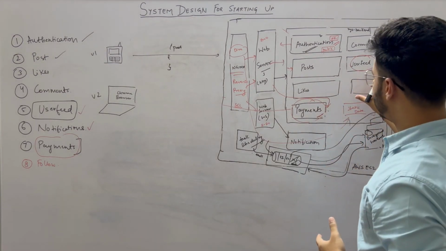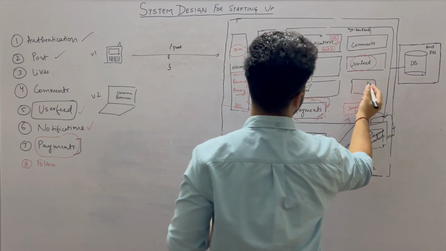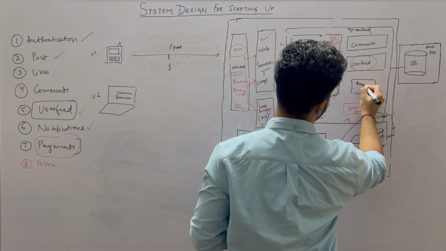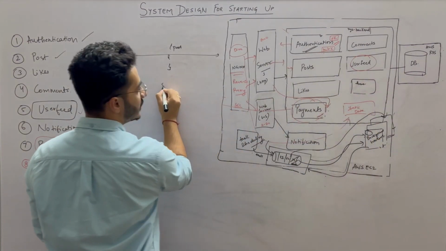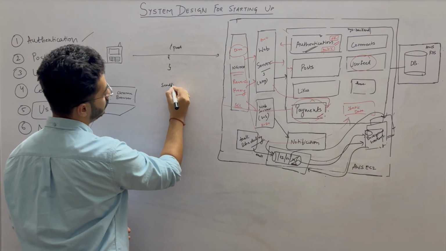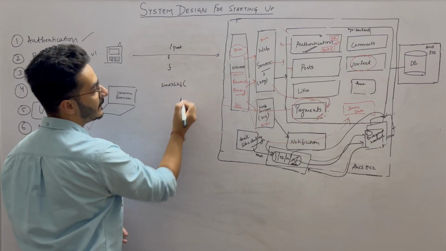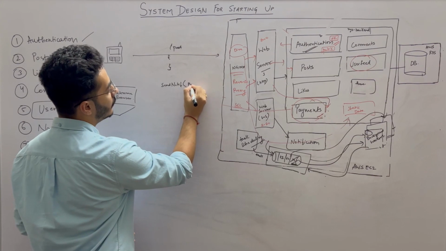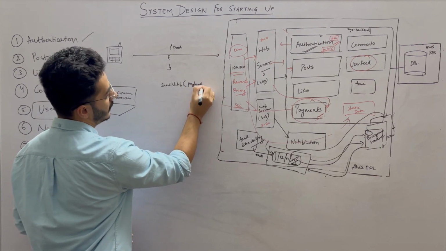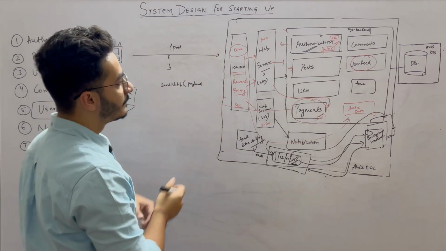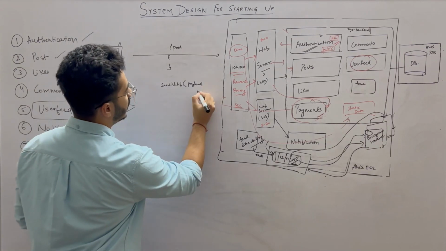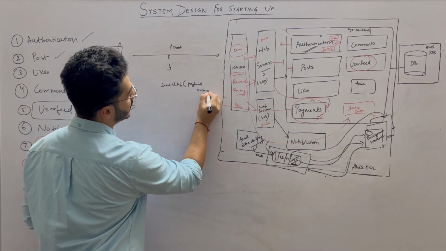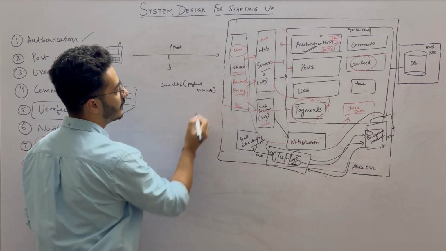The notification part will have a function like send notification, which will accept a payload, the data that has to be sent to the user, and also a user ID list, which is an array.